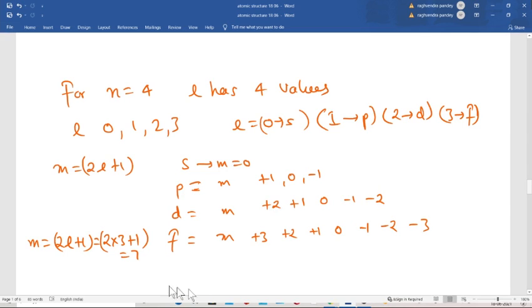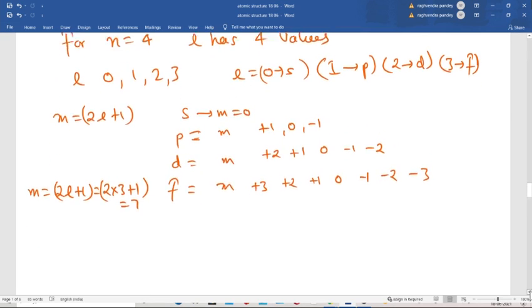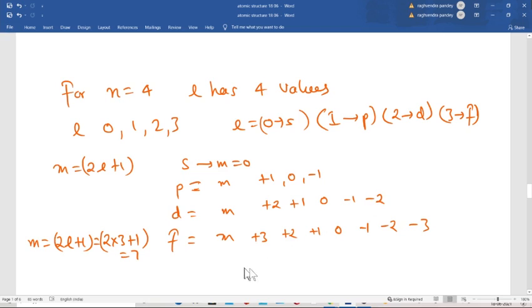So for n is equal to 4, it will be 4s, because L has 0, 1, 2, 3 values. So it will be 4s, 4p, 4d, and f is also there, and p and d can be further divided into different orbitals.